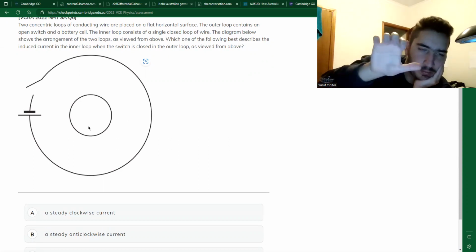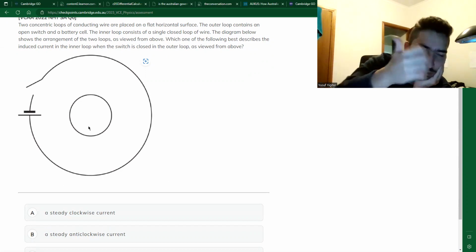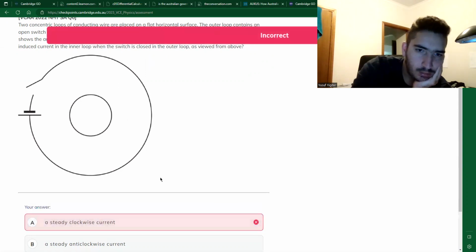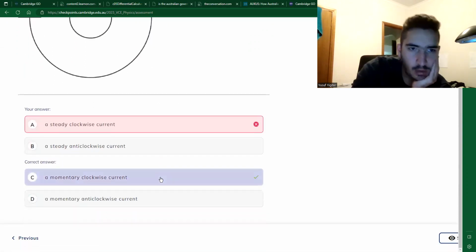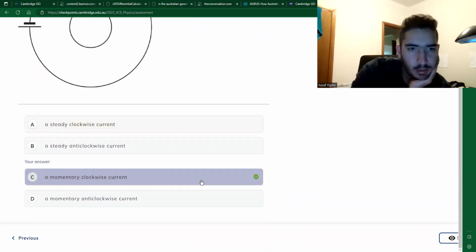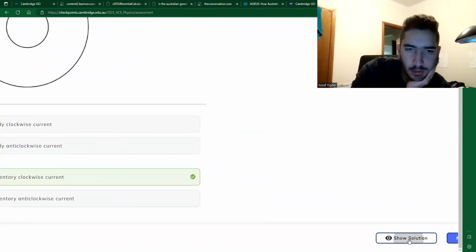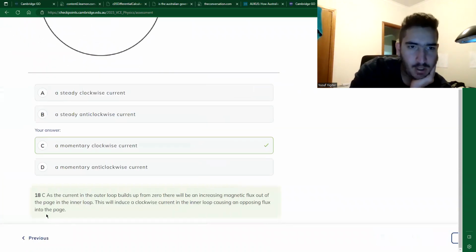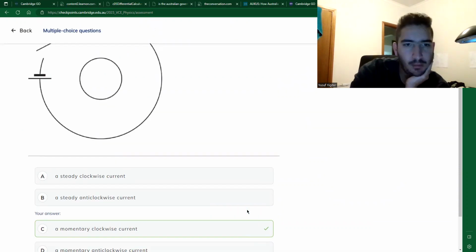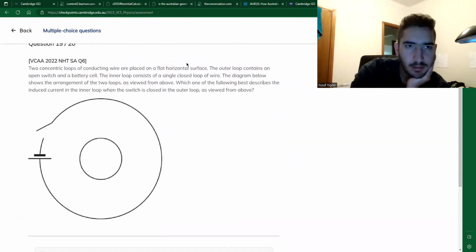So it's going clockwise. What? Momentary clockwise. What's momentary? As the current in the outer loop builds up from zero, there will be an increase in magnetic flux. Does it say the current is increasing? What if it was fixed?